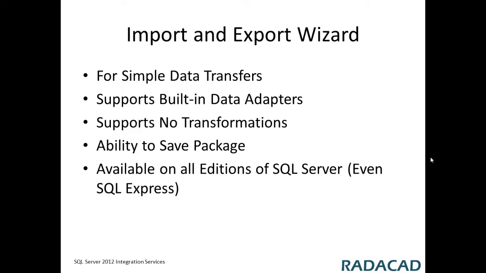Fortunately, this Import and Export Wizard is available in all editions of SQL Server, even in SQL Express. So if you install SQL Server Express, which is the free edition of SQL Server 2012, you can simply use the Import and Export Wizard. Now let me show a sample of using the Import and Export Wizard in SQL Express.